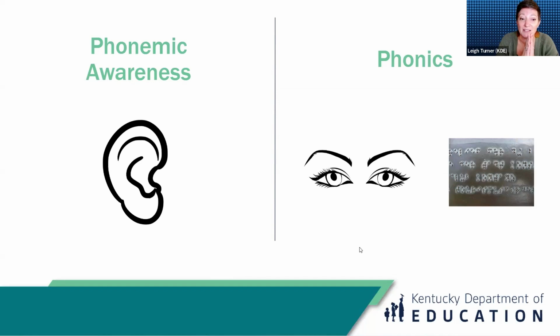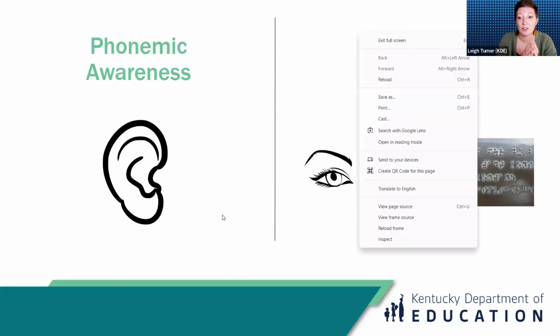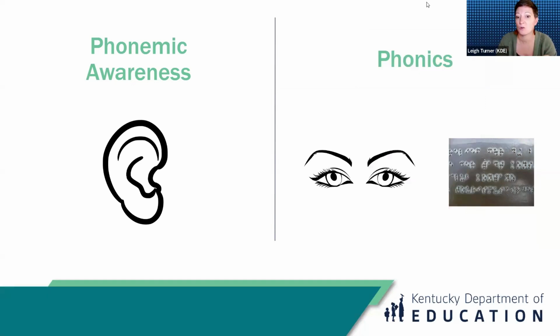And the biggest difference is that phonemic awareness is all about the sounds in words. These are things that you can do to words. You can manipulate words without looking at them on the page. It's all about the sounds that you hear inside the words. Phonics is actually pulling the letters or the print off the page, whether that is letters or braille or symbols or whatever. Phonics takes a visual and pulls it, and then the brain has to decode it.